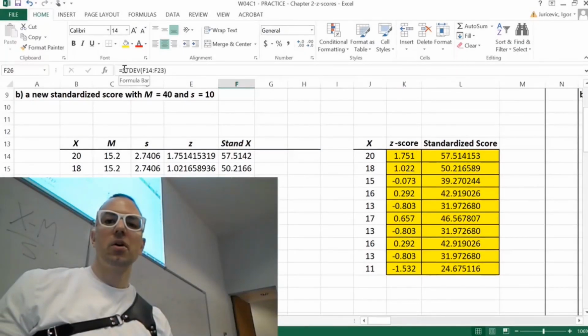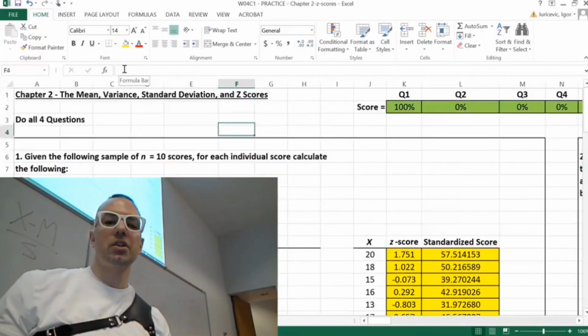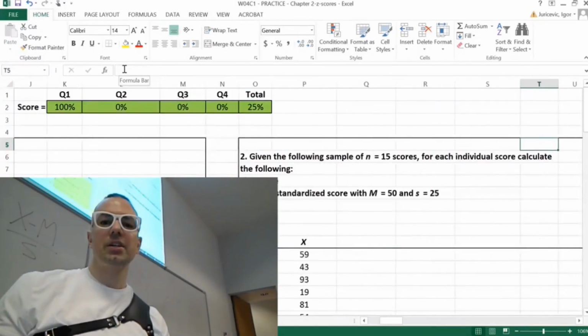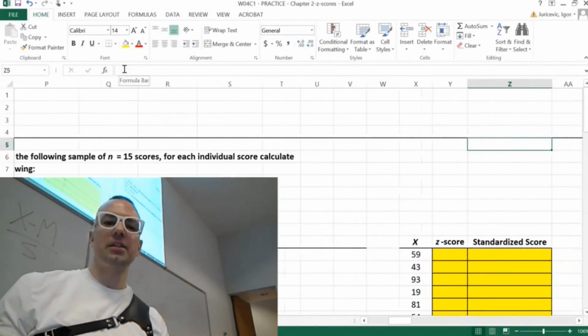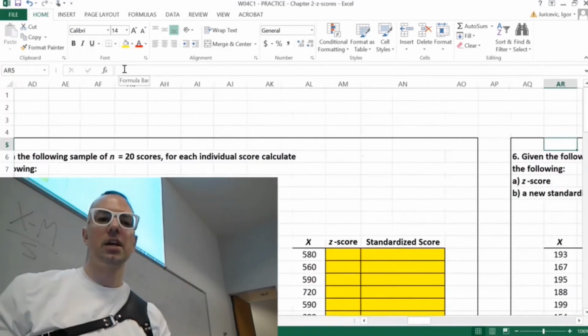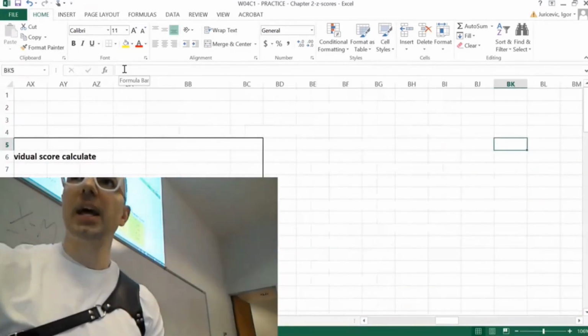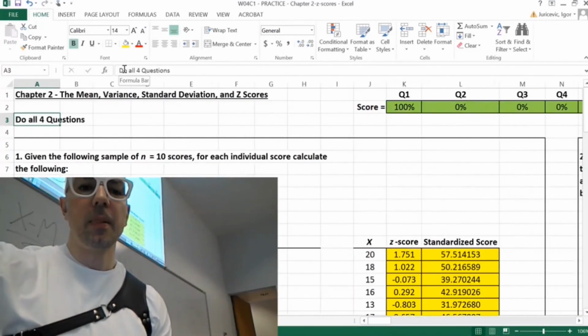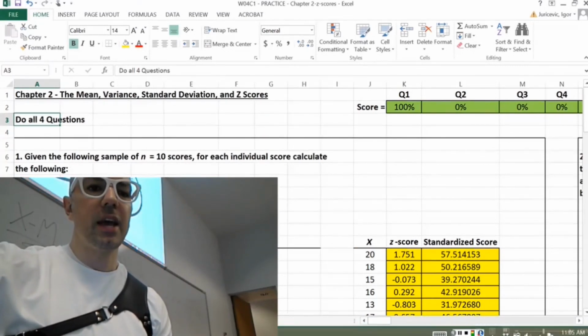All right, so there are additional questions here to help you practice how to calculate z-scores, how to calculate standard scores for this. So let's wrap up our look today at z-scores by just a few quick announcements about the upcoming homework.